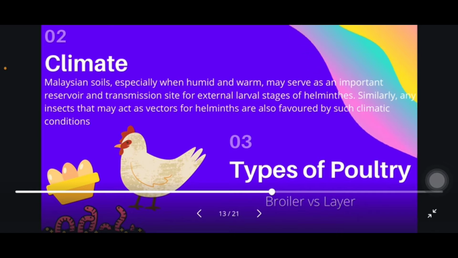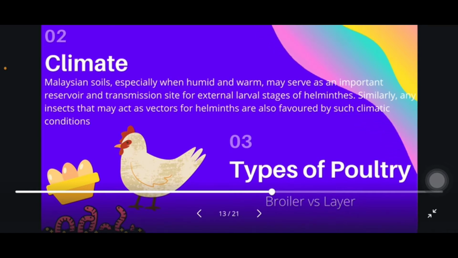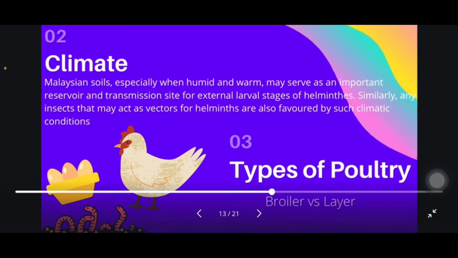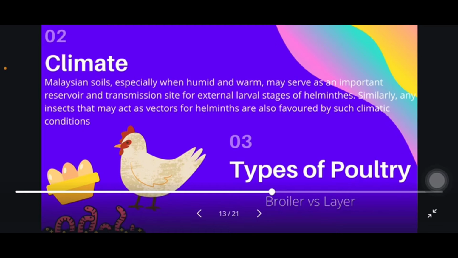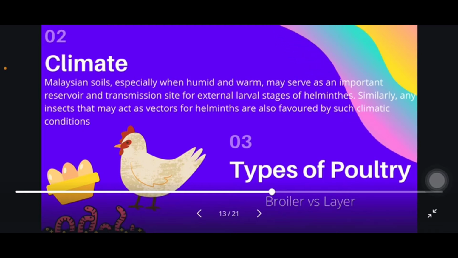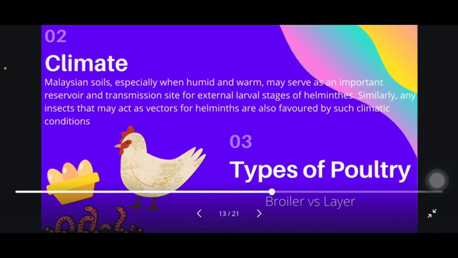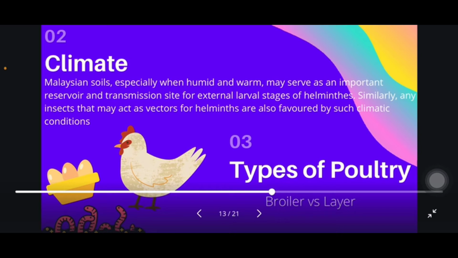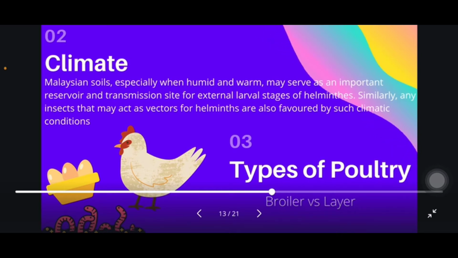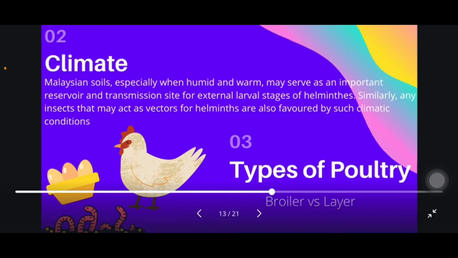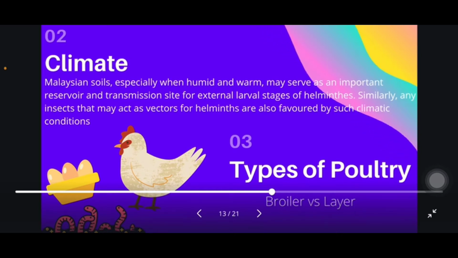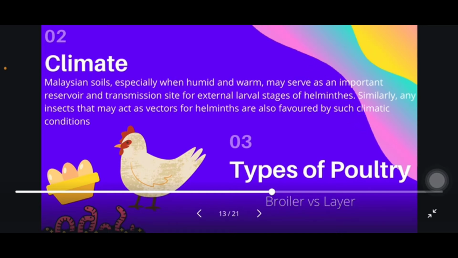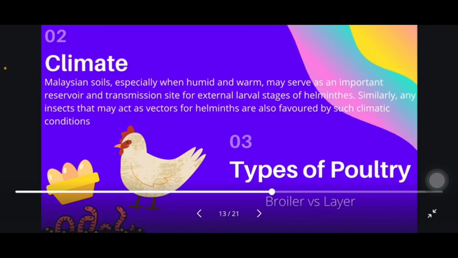Malaysian soil, especially when humid and warm, may serve as an important reservoir and transmission site for external larval stages of helminths. Finally, types of poultry, layer and broiler. Cage layers have longer lifespans, allowing for a greater manifestation of helminth infection than broiler production, where their lifespan is as short as 32 days.